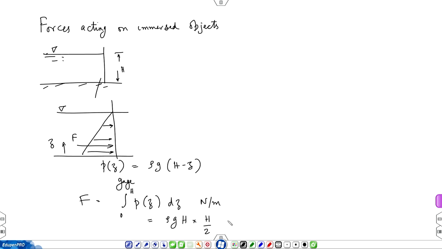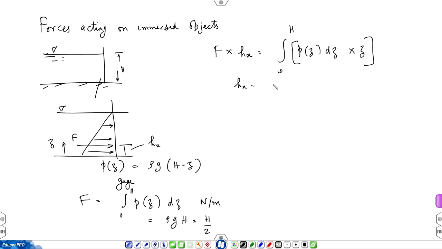And the next is the point of action of this force. Let us call this h_x, because it is the position of the x component of the force. That is obtained as, and when you substitute all these quantities, you will get h_x equal to h over 3.